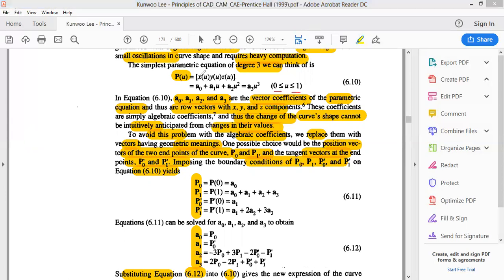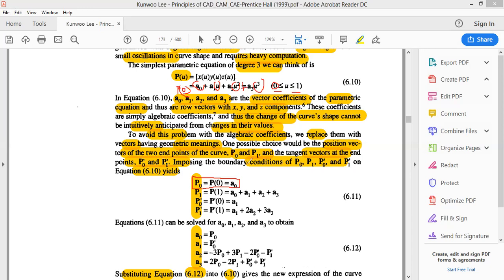When we substitute u equal to 0, the terms with u become 0. Sorry, this has to be a plus sign, and this is also 0. Thereby P of 0 is equal to a naught, which is the vector coefficient.